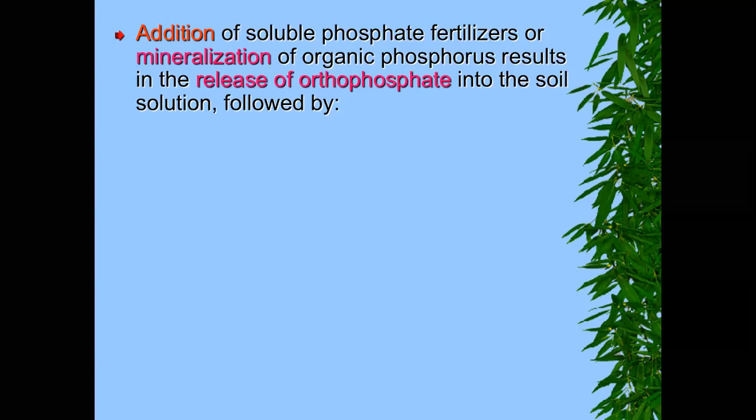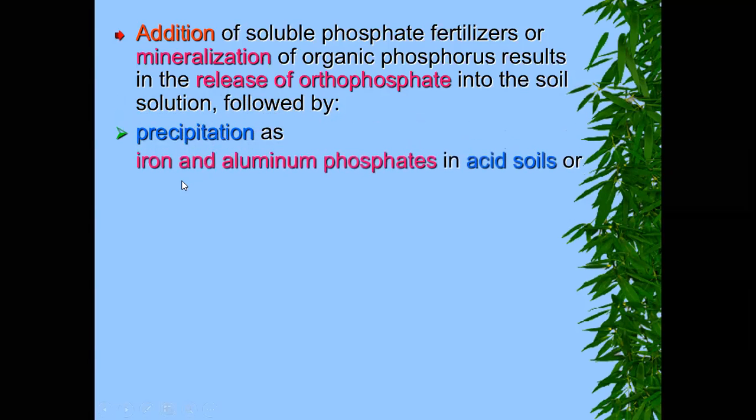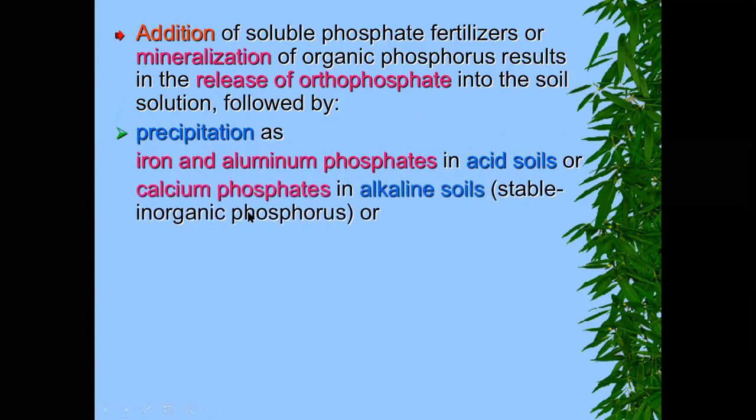The orthophosphate which is released into the soil solution may undergo precipitation as iron and aluminum phosphate in acid soils or calcium phosphates in alkaline soils.